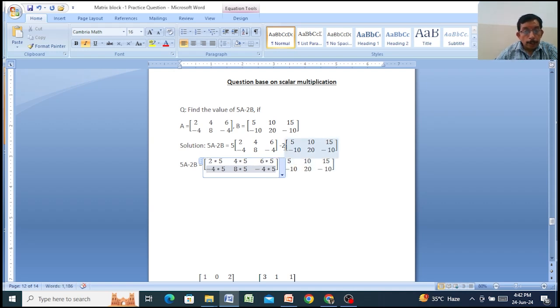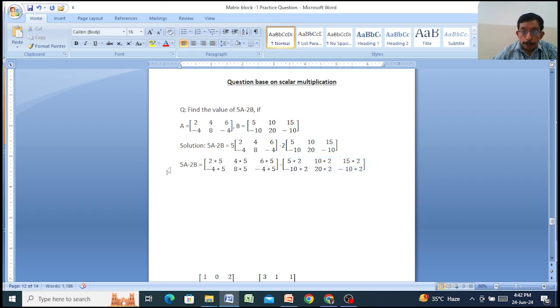Now 2 is the multiplier of matrix B, so 2 multiplies each element of matrix B: 5 multiplied by 2, 10 multiplied by 2, 15 multiplied by 2, minus 10 multiplied by 2, 20 multiplied by 2, minus 10 multiplied by 2.